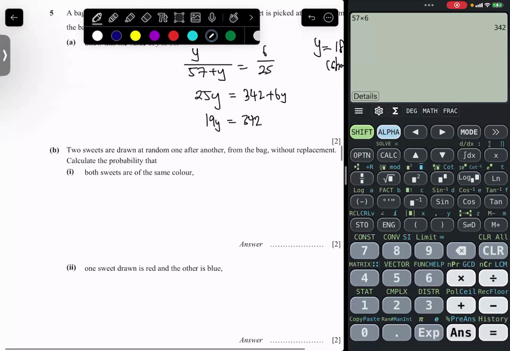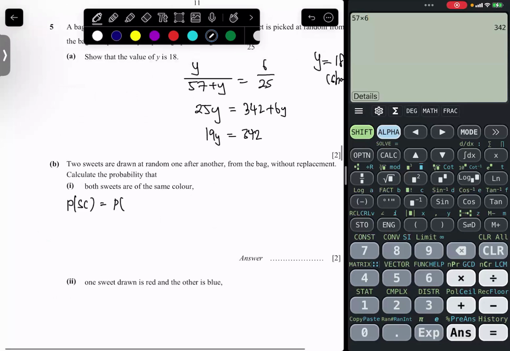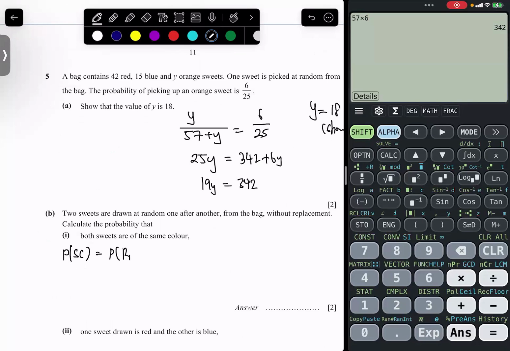Okay, so probability of same color equals probability of red plus blue plus orange.